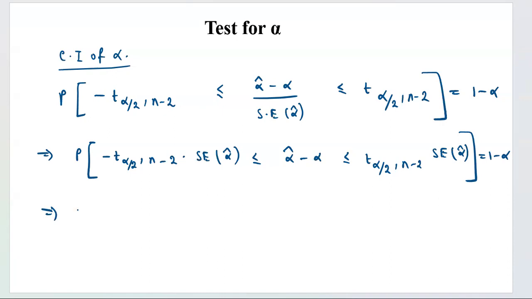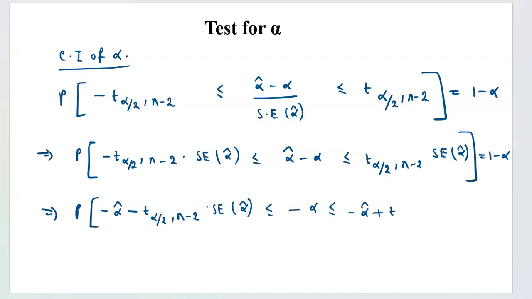Now what you can do: probability of minus alpha cap minus t alpha by 2, n minus 2 into the standard error of alpha cap, less than or equal to minus alpha, less than or equal to minus alpha cap plus t alpha by 2, n minus 2 times the standard error of alpha cap, and this will be equal to 1 minus alpha.